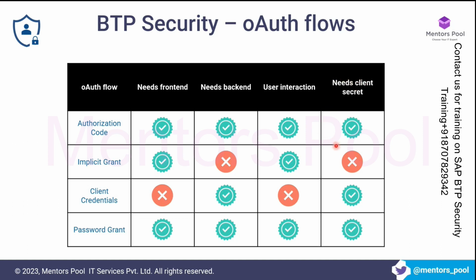I'll talk about this in a bit. So the four criteria of OAuth flows are front end, back end, user interaction, and need of client secret. In case of auth code flow, all these four are required.